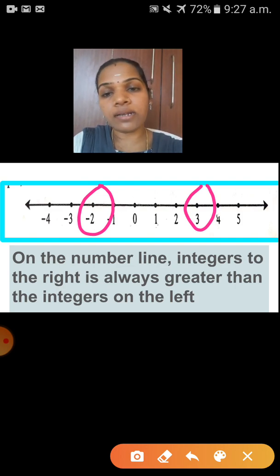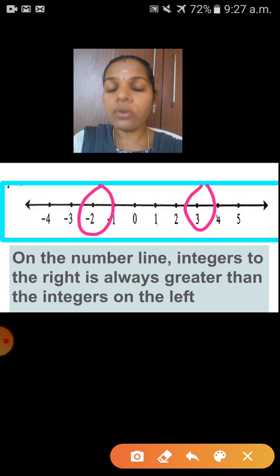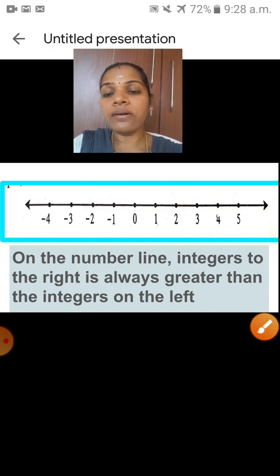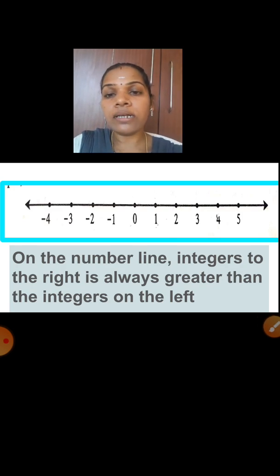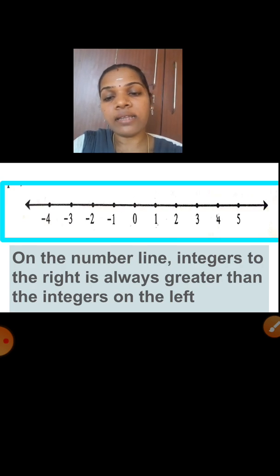Minus 2. That means negative 2. Yes or no? So here we can say 3 is greater than minus 2, or minus 2 is less than 3. Okay, so once again I will read here. On the number line, integers to the right are always greater. So whichever numbers are on the right side, that number is always greater than the integers on the left side.